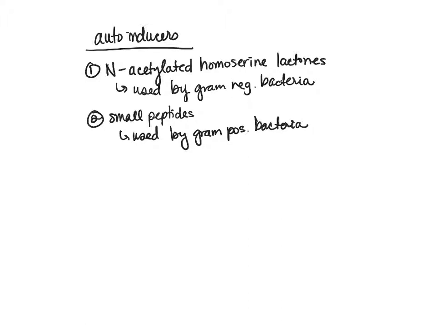So we have our gram-negative bacteria that are going to send out their autoinducers. We have gram-positive bacteria that send out their autoinducers. And then again, this autoinducer is going to bind when this threshold density is reached.